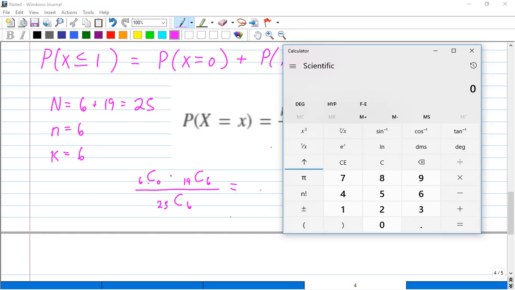All right, so 6C0, what's that going to be? Just 1. First part's 1, so I'm not going to work that out.